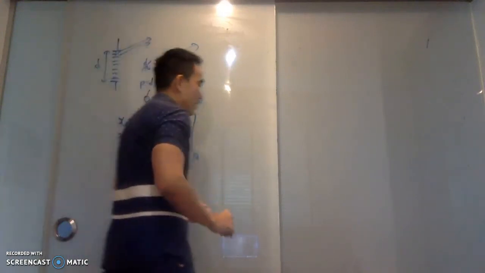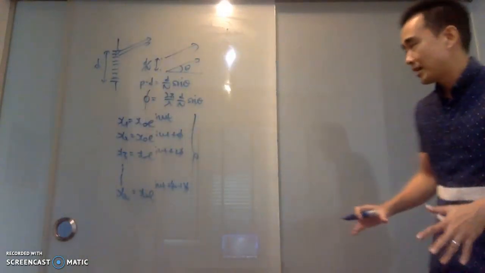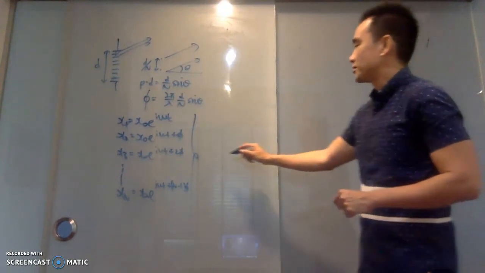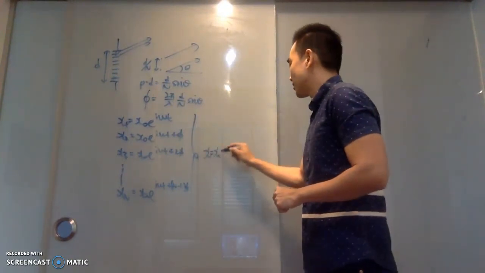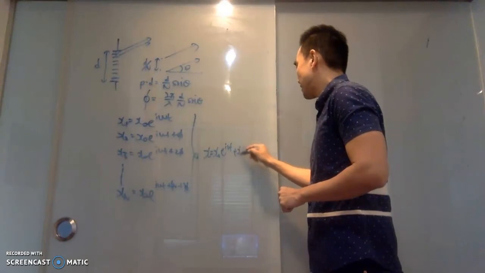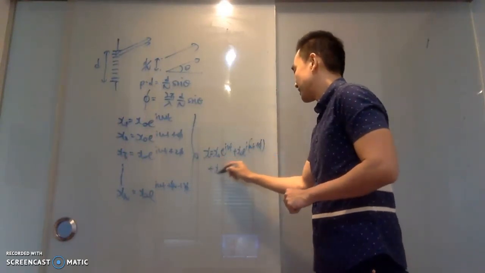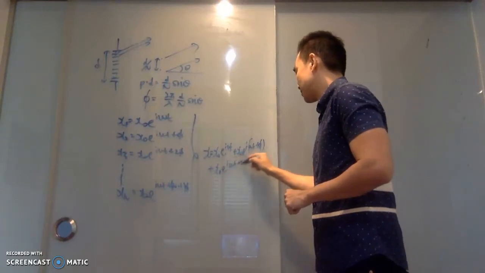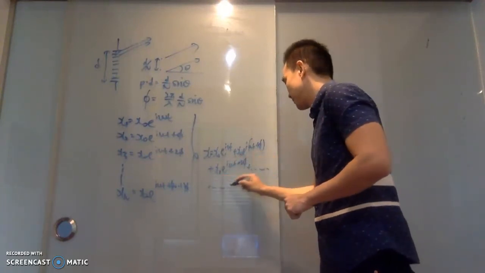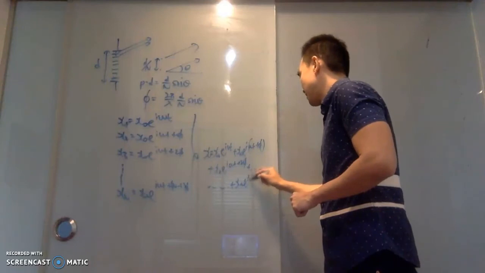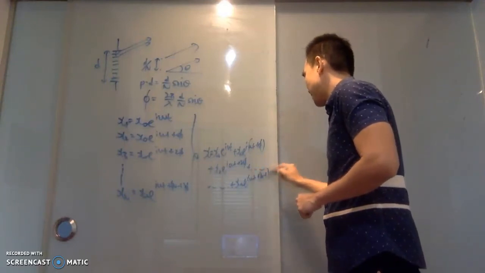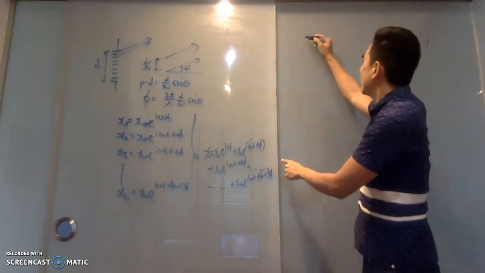So if we add them up together, what do we have? We're going to have this expression: x equals x naught e^(i omega t) plus x naught e^(i(omega t plus phi)) plus x naught e^(i(omega t plus 2 phi)) plus up to x naught e^(i(omega t plus (n minus 1) phi)). I bring this up over here.